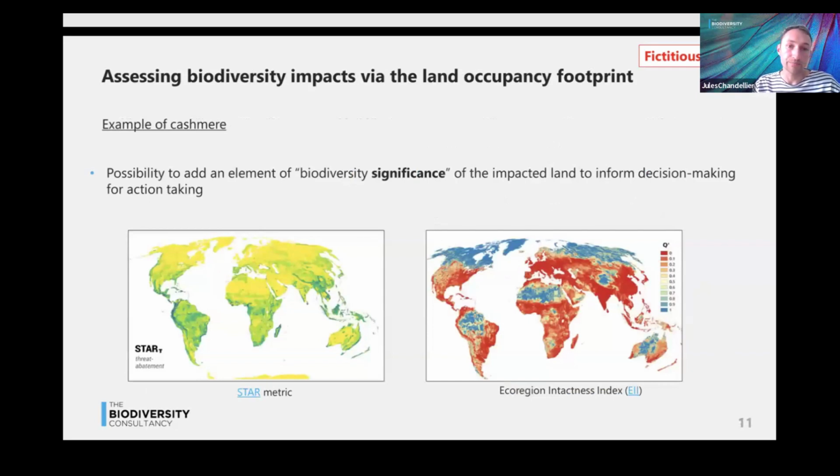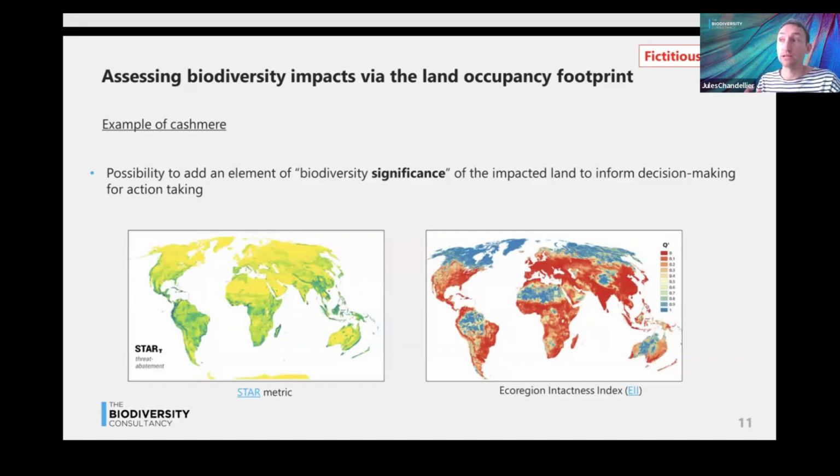Just to continue on this, a big part of biodiversity is local, as Marie-Anne presented before, and it's always good to go down to the local side of biodiversity, because it's good to know what are the types of impact, if it's pressure on biodiversity such as land use change.